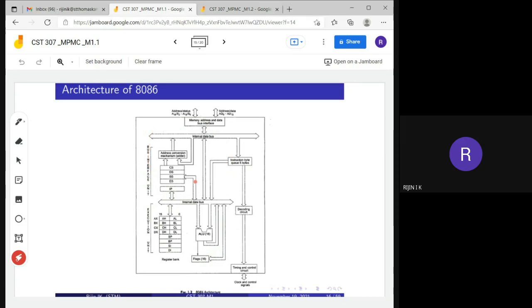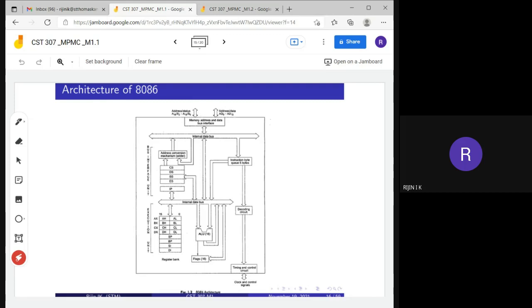Okay, so this is the bus interface unit. What are the main functions of the bus interface unit? It fetches the instruction and the data from the memory for execution. Also, using the bus interface unit, it will write the data to the memory, and it will read the data from the IO port and write the data to the IO port.